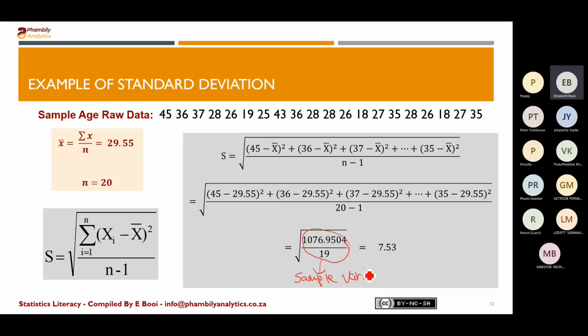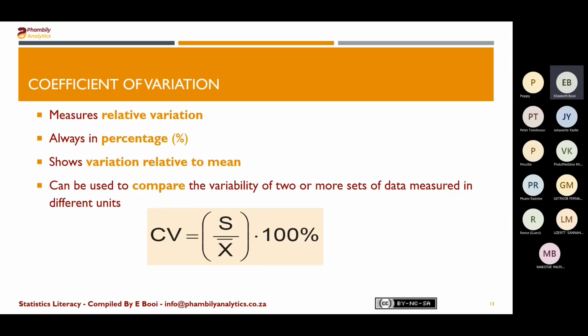You will get the answer to the sample variance, because when I take the square root, I will find the sample standard deviation. Okay, so that is sample standard deviation.